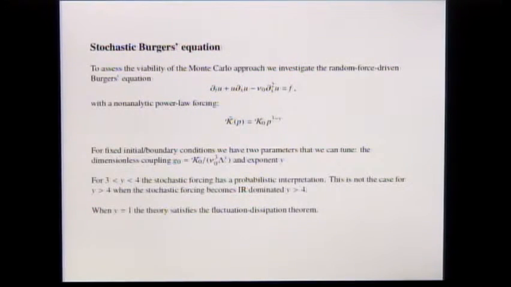Two dimensionless parameters. So between the values 3 and 4 of y, the stochastic forcing has a probabilistic interpretation, so we can show that this relates to certain fractional Laplacians. This is not the case when y is larger than 4.